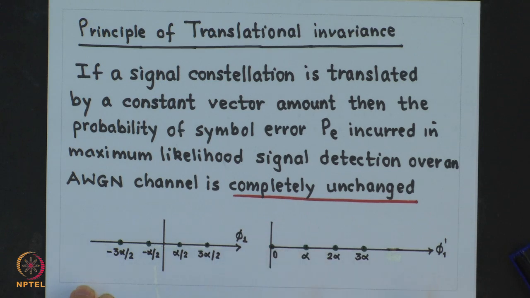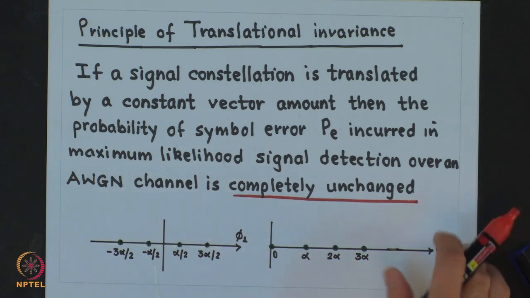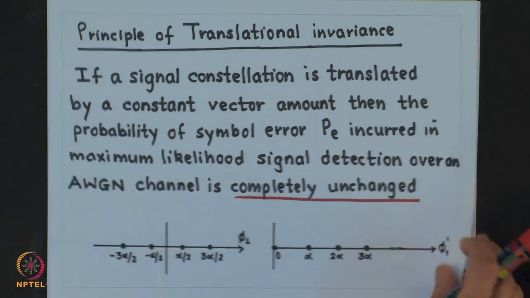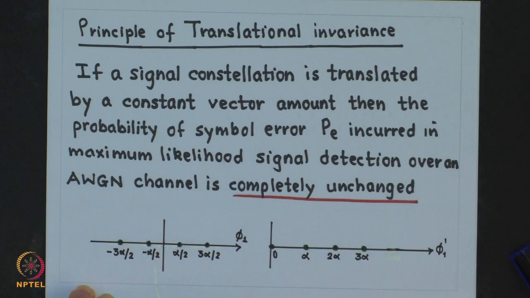So, they remain the same. Now, in such a case also the probability of error will remain unchanged. Very simple to prove this. The proof follows.